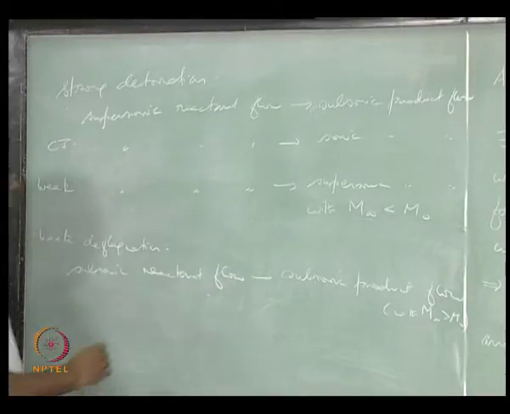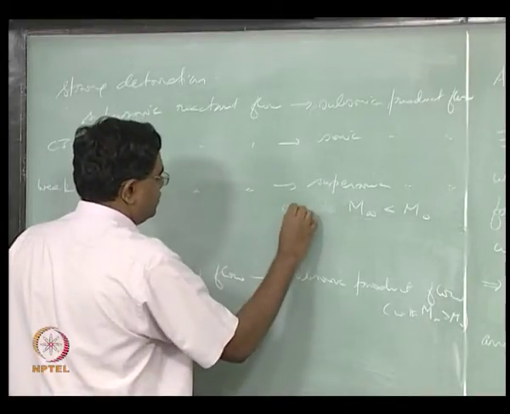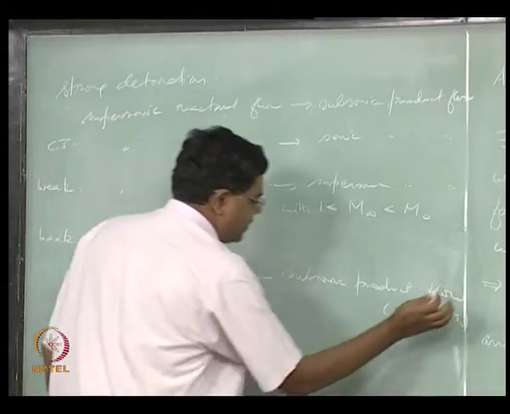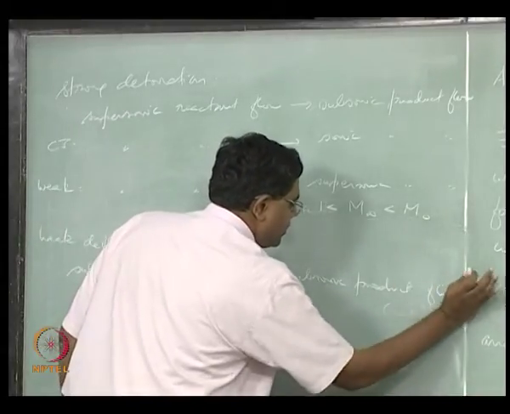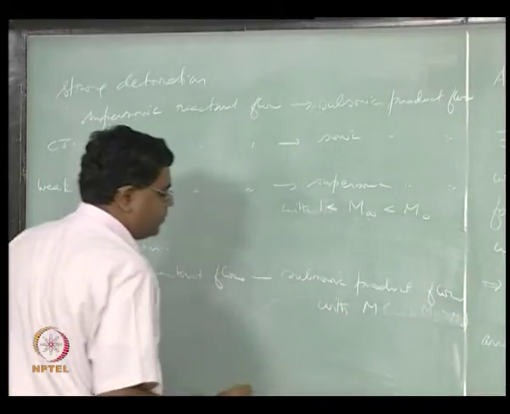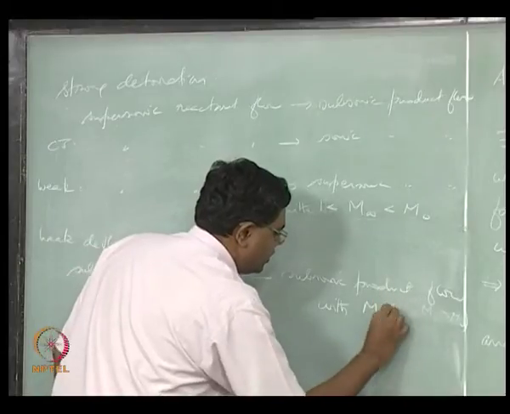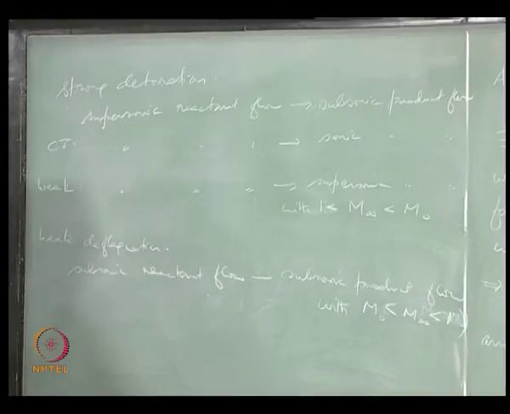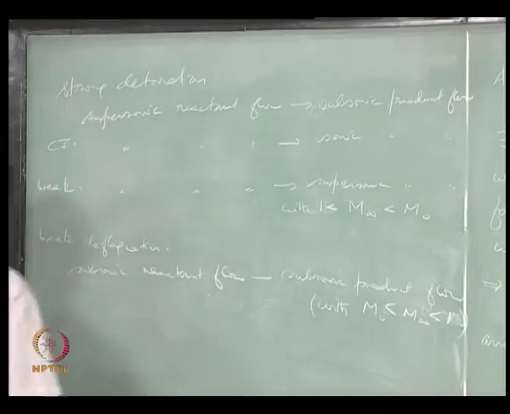So we should strictly speaking say, with 1 less than m infinity less than m naught, the previous case. Here we should say with m naught less than m infinity less than 1, right, is what we should say.